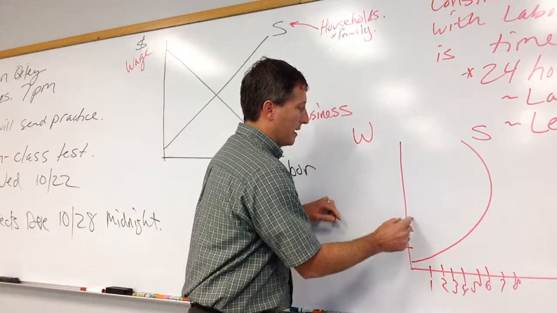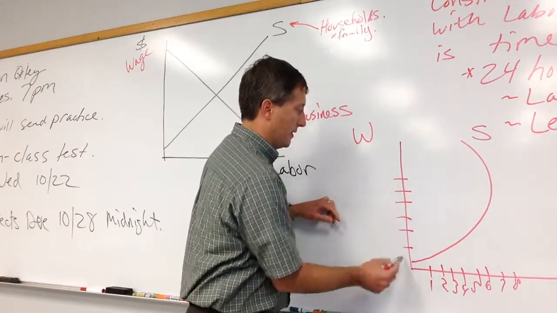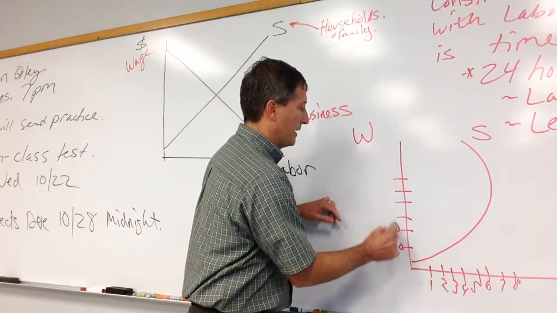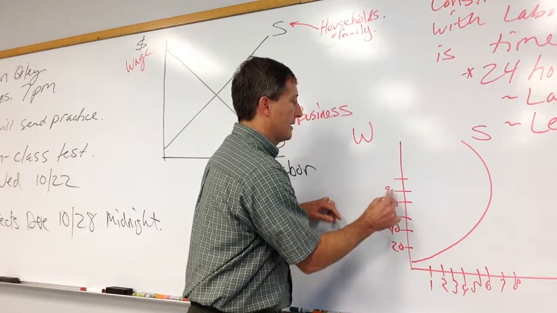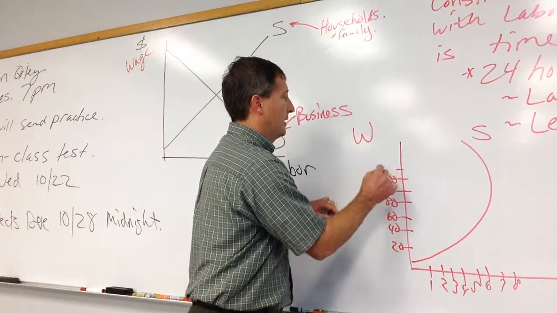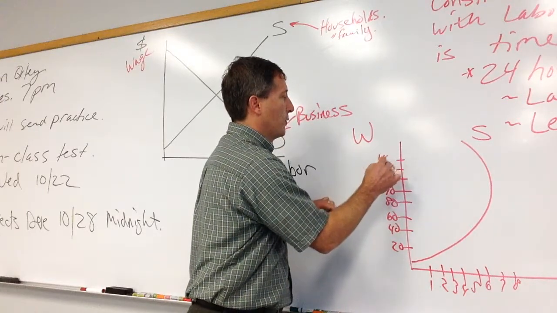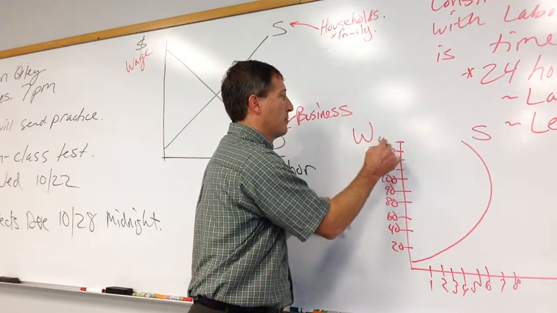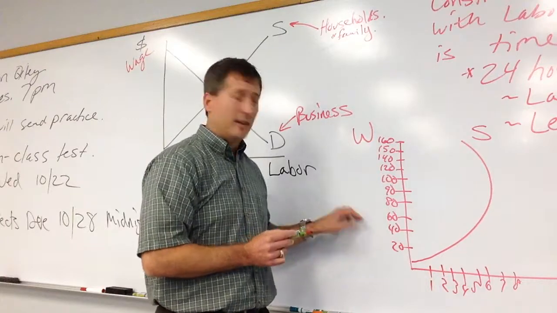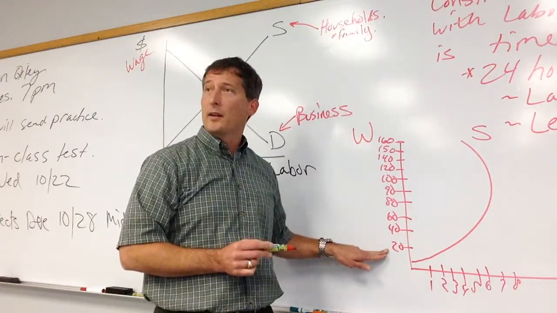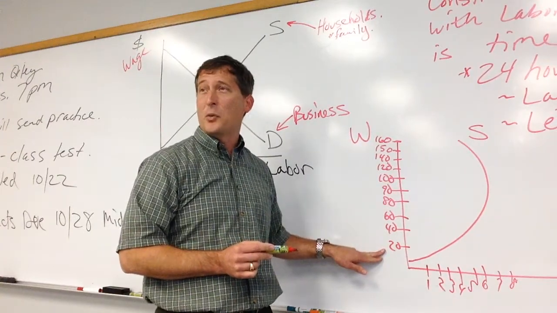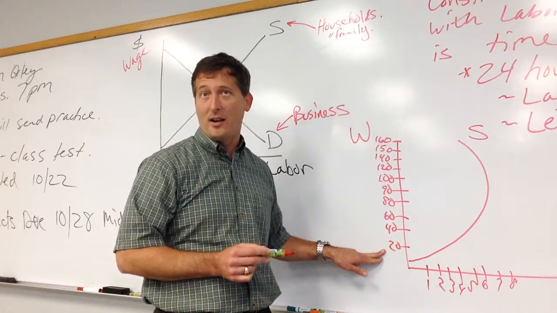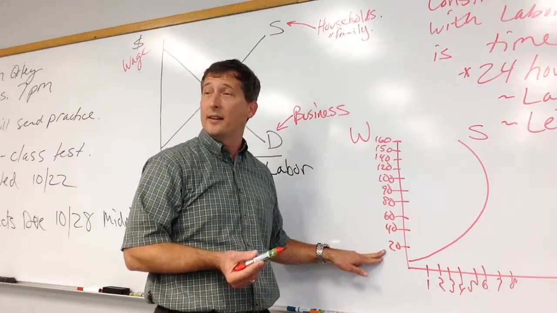So if we start thinking about the wage climbing to 20, 40, 60, 80, 90, 100, 120, $140 an hour, now, $150 an hour. We're in a high income bracket, right? I mean, if you guys are making $20 an hour coming out of college with your degree, you're doing pretty good.